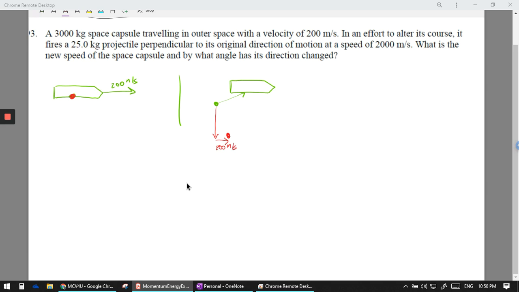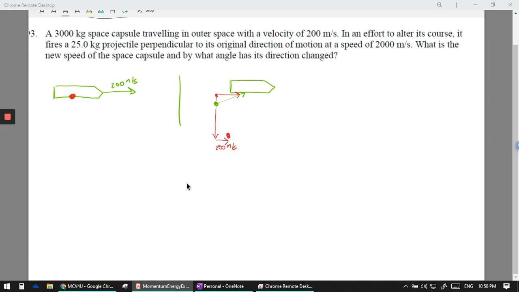And the space capsule itself should keep its 200 meter per second velocity as well. Let's go ahead and make that assumption.